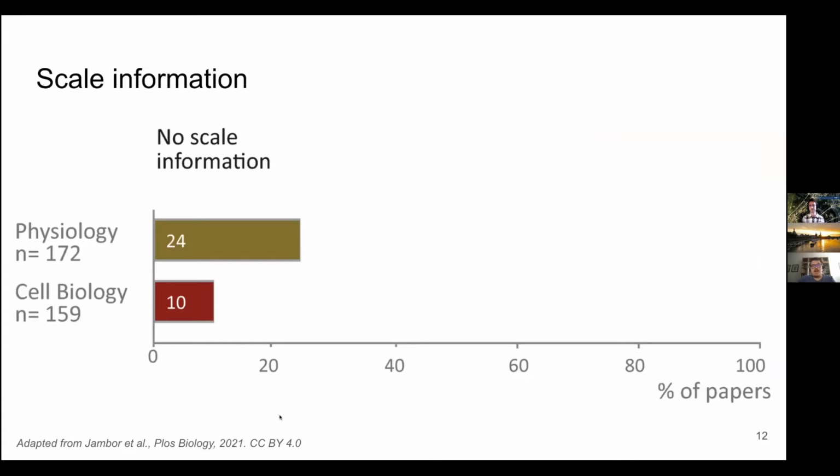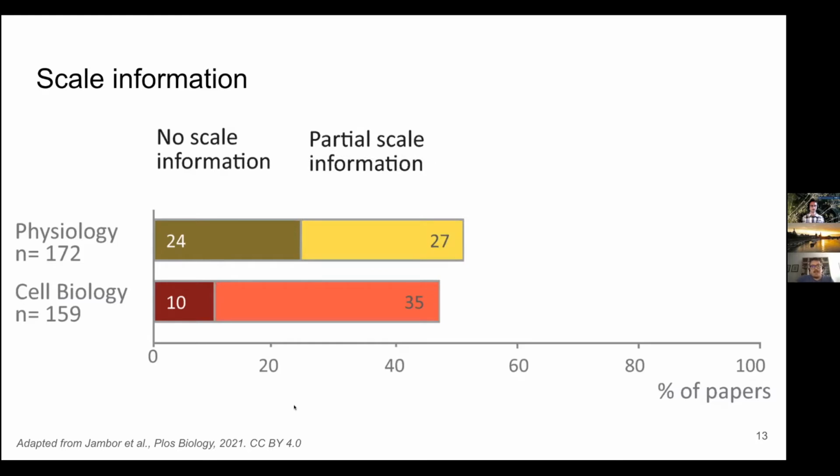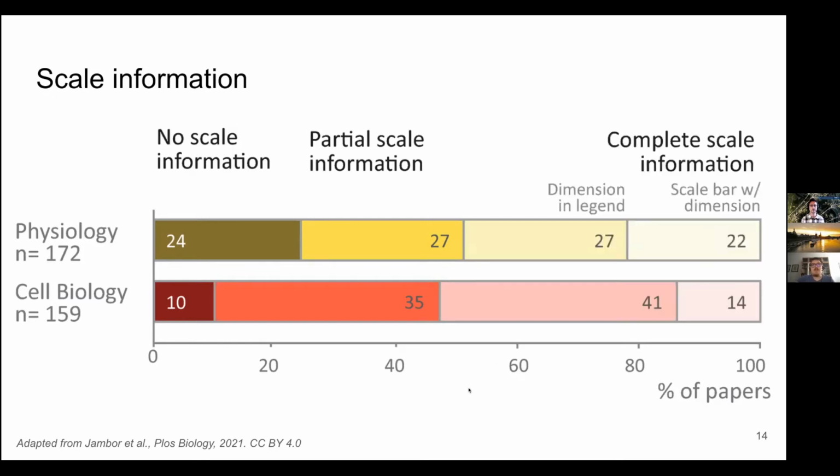So what we discovered is that 24% and 10% of papers had bioimages without the scale information in any image, and neither the magnification reported in the legend, which is, however, an inadequate way to report the dimension of the image. And if we sum those percentages with the number of papers that just reported the magnification or missed the information for 1 or more images, then we see that almost 50% of papers turned out to have incomplete scale information.